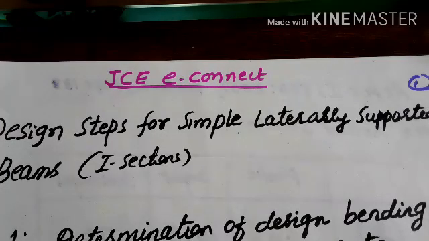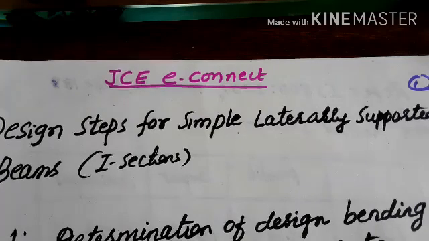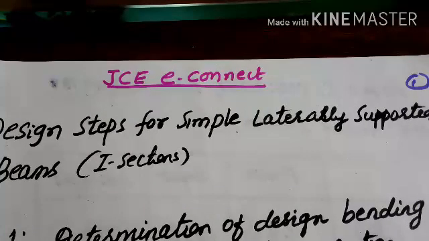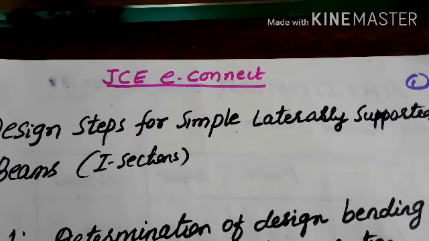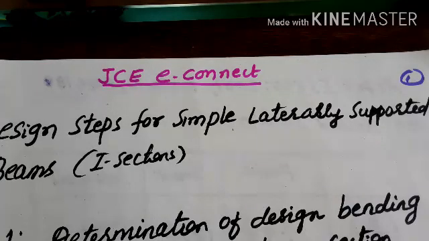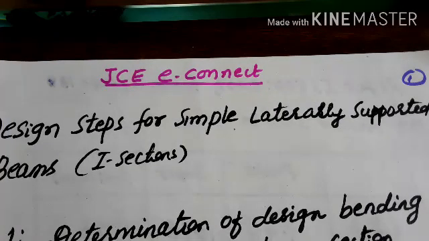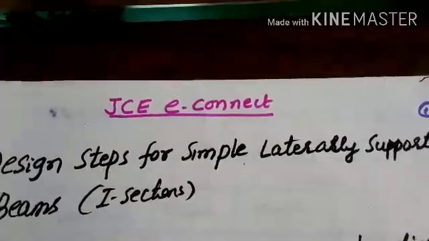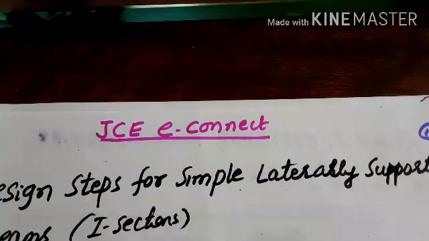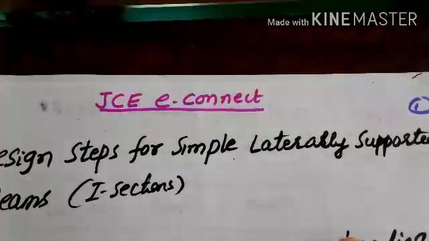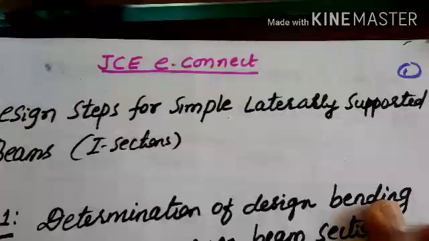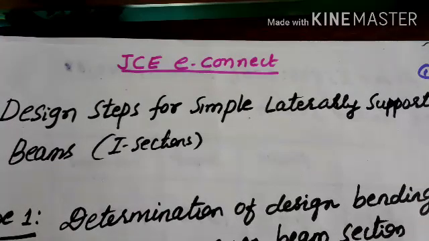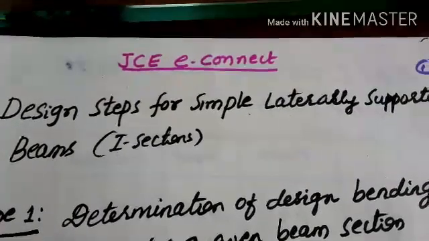In previous lectures we have solved some numerical problems on how to calculate the moment capacity for the given section, and in this particular lecture we'll see the design steps for laterally supported beams, that is I sections.